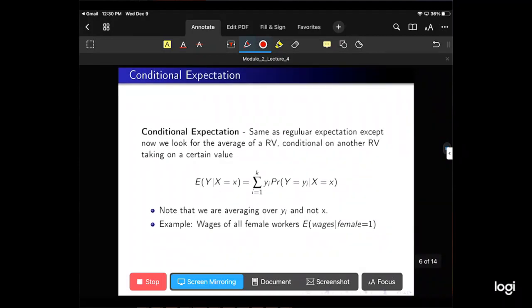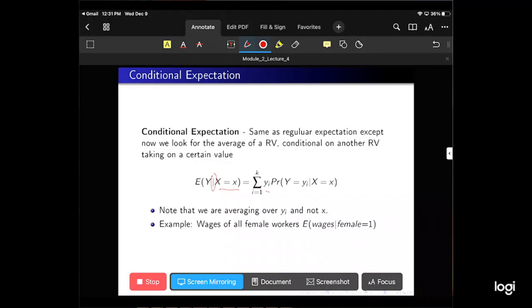That leads us to the conditional expectation. It's the same as a regular expectation, I should say expected value, except now we look for the average of a random variable, conditional on another random variable taking on a certain value. We write it as the expected value of y, conditional on x equals little x taking on some value. The formula is the sum of i equals 1 to k of all possible outcomes for yi.